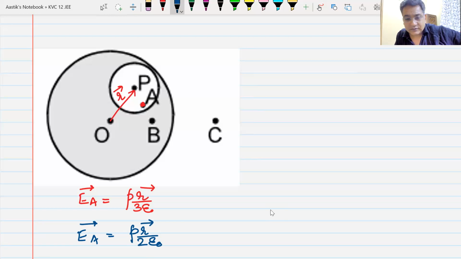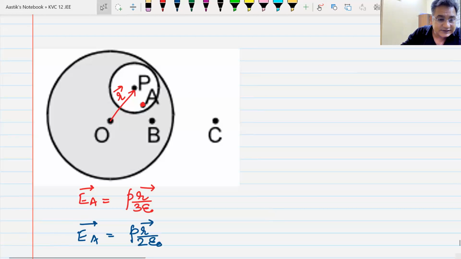So the same thing can be repeated for a cylinder with a cylindrical hole. Everyone understands this?